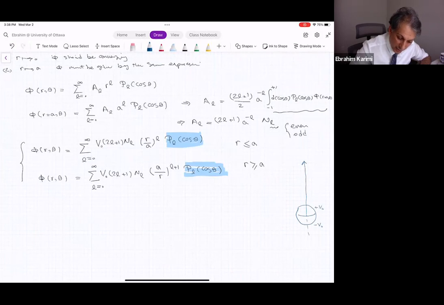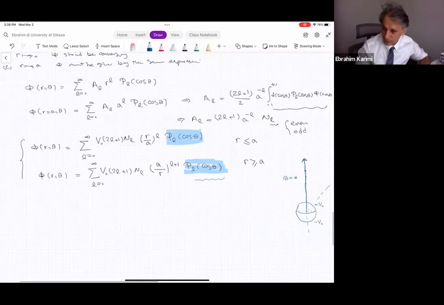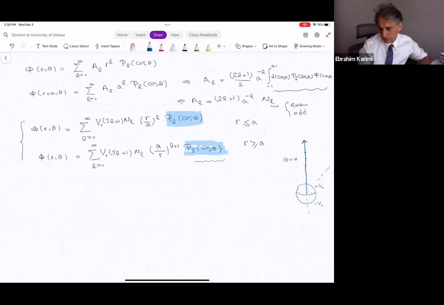But instead of going anywhere, now I am looking for the potential anywhere along the z-axis, which means theta is equal to 0. When theta is equal to 0, this dependency will be equal to 1, because this is what we learned, that P_L of 1 is always equal to 1.